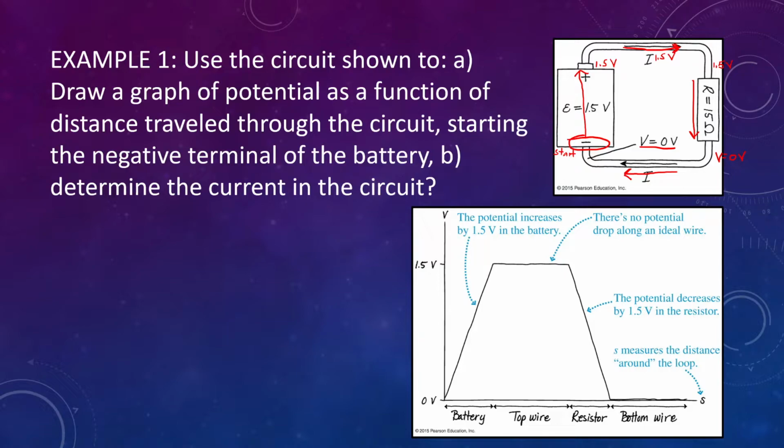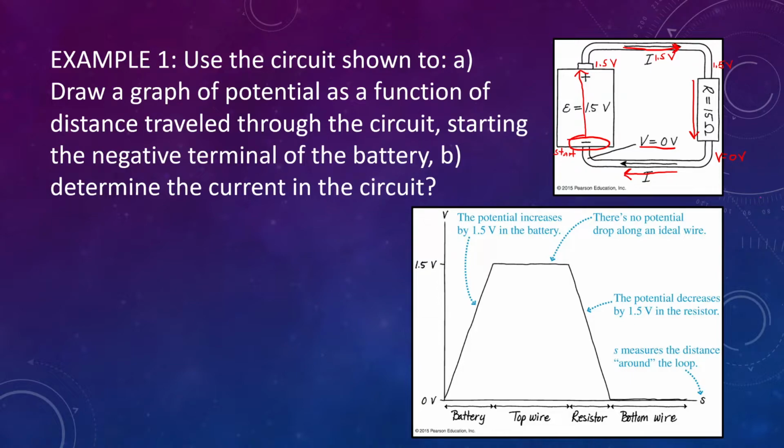We then hit the top wire. The wire is ideal, so we do not change our potential, meaning we stay at 1.5 volts, until we hit the resistor. Once we hit the resistor, we have a voltage drop that takes us back down to 0. We then move through the bottom wire, where potential stays at 0, before we come back.